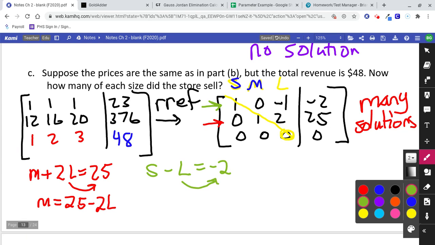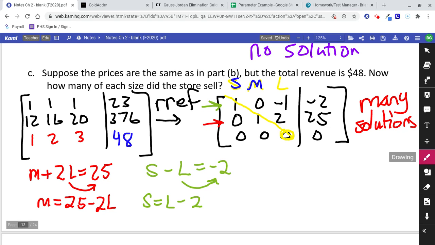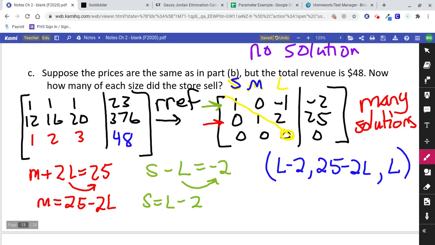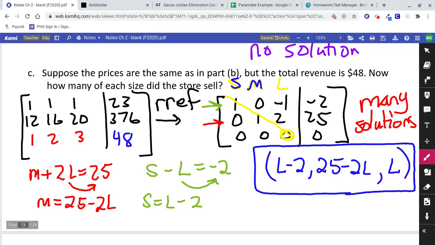I'm going to add that L over and see that S equals L minus 2. So at this point, I know that it's many solutions, but S is of the form L minus 2, and M is of the form 25 minus 2L. And then L was my parameter, so I just leave it alone. So not only do I know many solutions, but I know all of those solutions have this form.